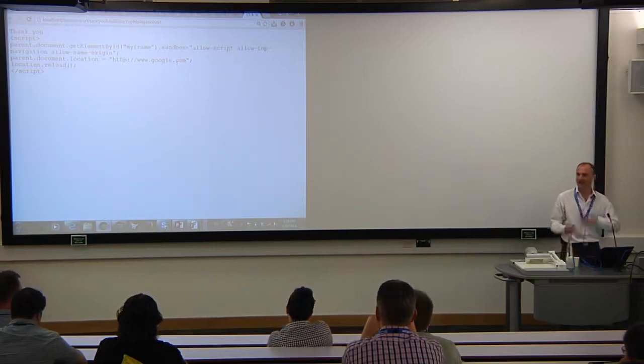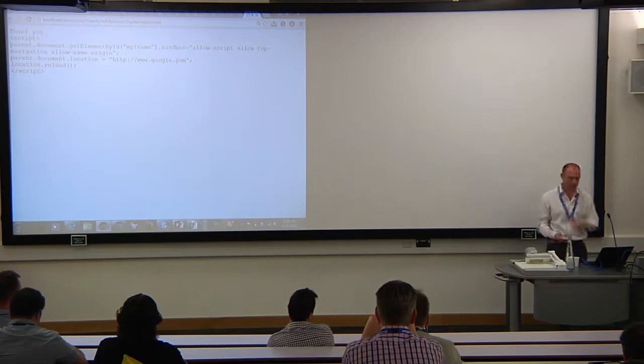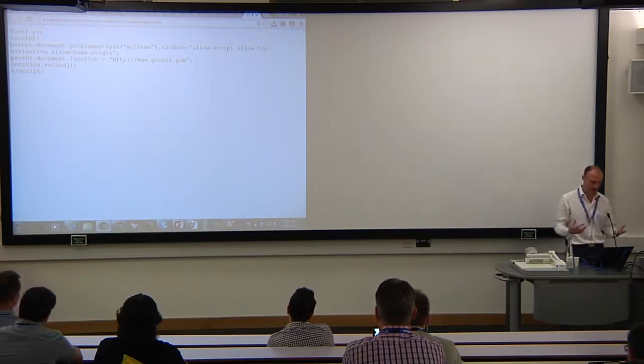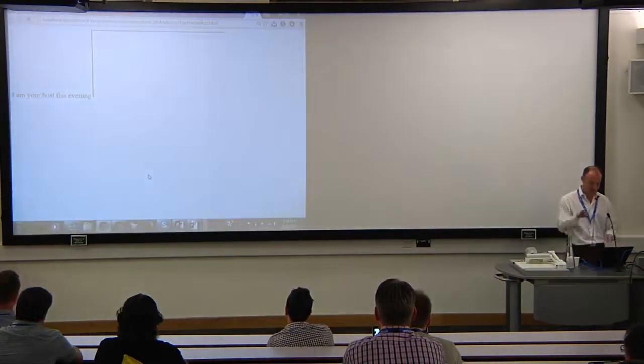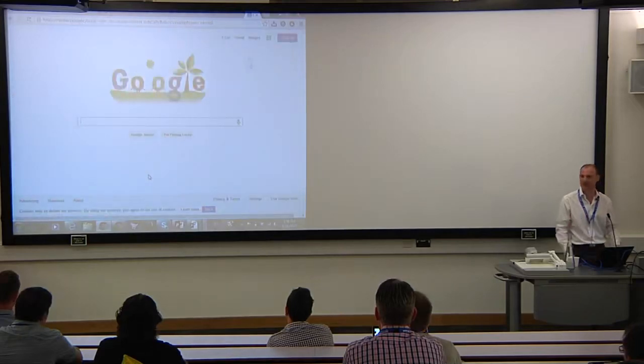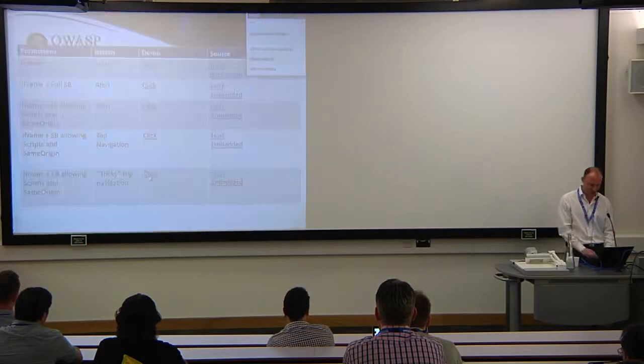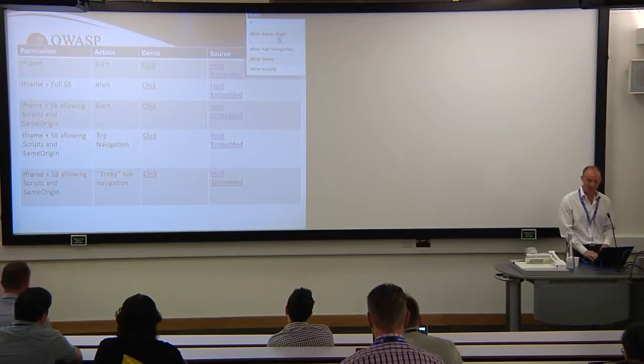So I am able to change my own policies, and then I refresh the page so the DOM rebuilds itself. Now we click in here. You see it tries to refresh, and here we're outside of that page. So it means that allow top navigation really is not very powerful if you allow scripts and allow same origin. Any questions so far?